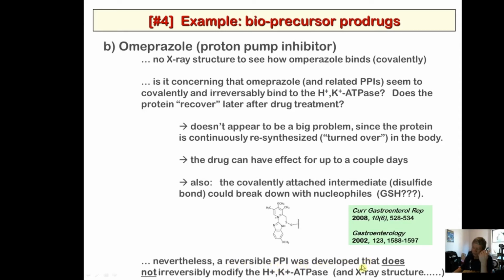It deals with maybe some of the side effects that omeprazole and the other sulfoxides have. And it does not irreversibly modify the proton pump. It also has an X-ray crystal structure. So again, anytime we have X-ray crystal structures, it's always kind of cool.